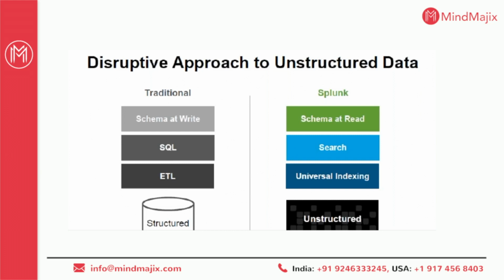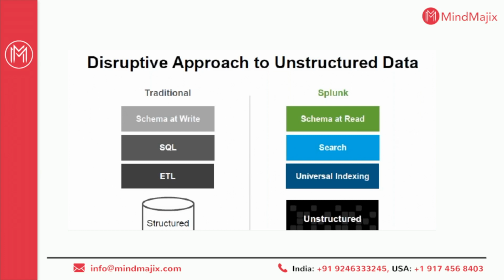When it comes to Splunk, when it is writing data to the disk, it will not create any schema. Instead, it will just write your data, whatever the format is. So if it is a log or a normal text file or CSV file, or some sensor data or some database data, everything it will store just raw on the disk.